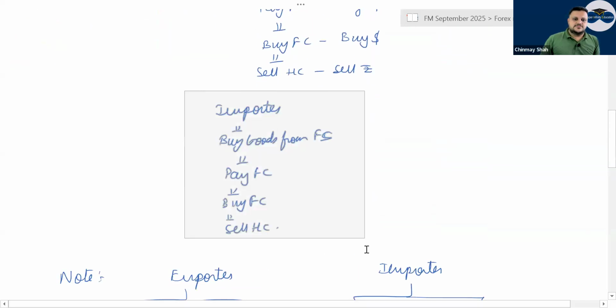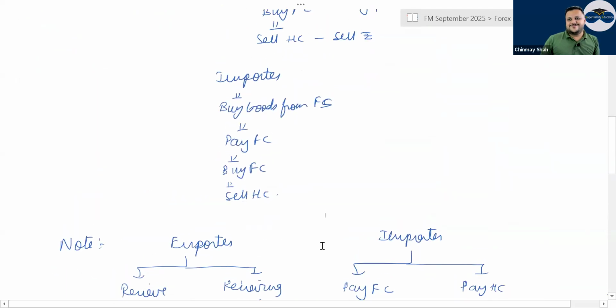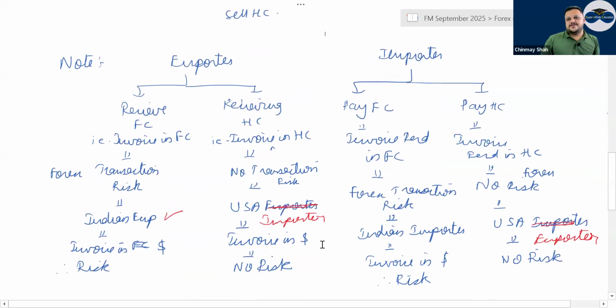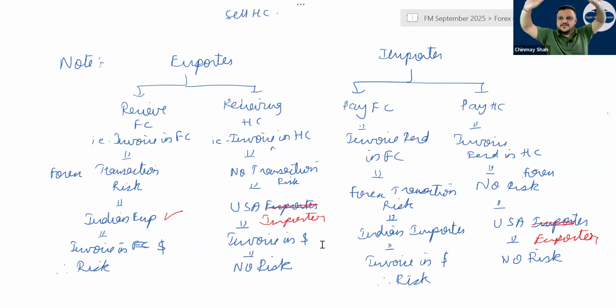Importer buys goods from a foreign seller, correct or not? Then exporter. Now see, if I'm in India and the billing that I do as an exporter is in foreign currency, I am having the foreign currency risk. But the USA buyer, correct?